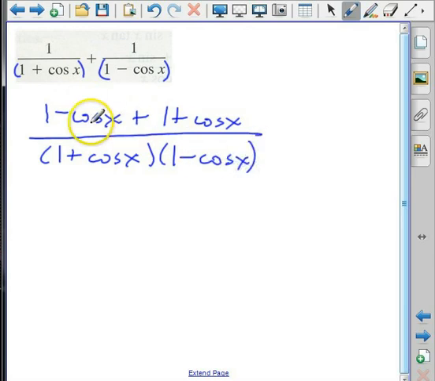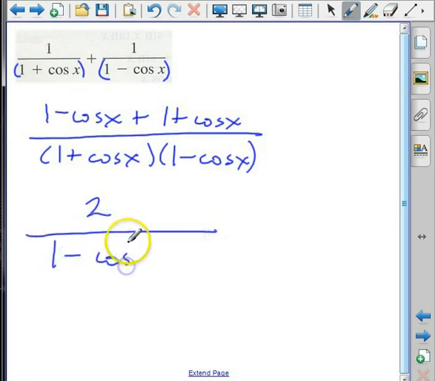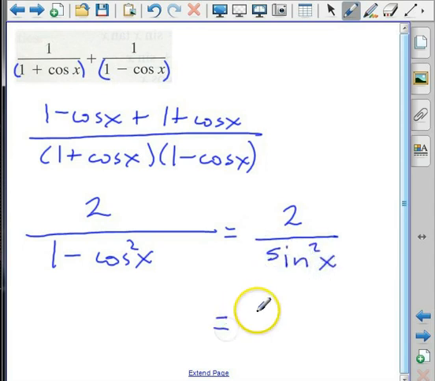On top, I have a negative cosine x and a positive cosine x, so they cancel. I've got 2. Underneath, I have the difference of 2 squares. And 1 minus cosine squared x by Pythagorean identity is sine squared x. And the reciprocal of sine is cosecant. So my final answer is 2 cosecant x.